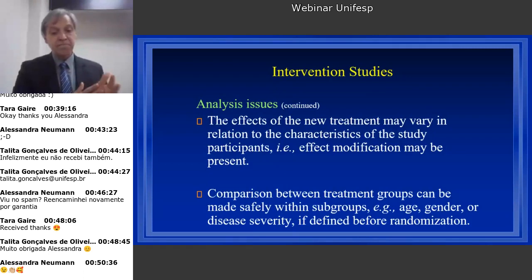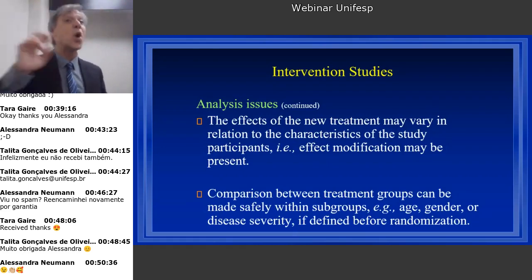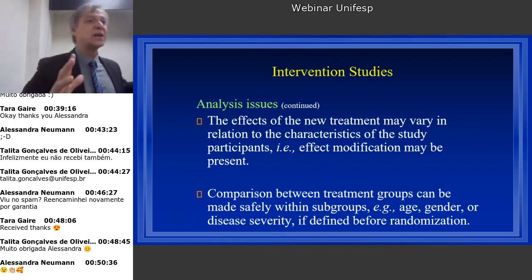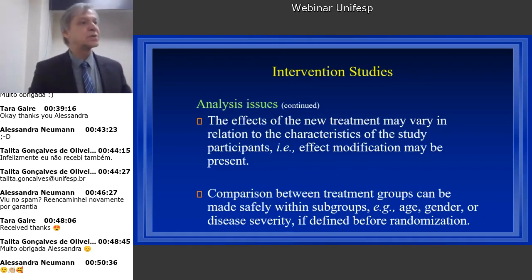Okay, if defined before randomization. So you need to make sure this is an a priori analysis. That's what he meant here. You don't want to analyze your data after you see what's happened. No, you can't do that. You need to have your whole design, including your analytical steps, all delineated before you collect your data, before your people are assigned to treatment or no treatment.